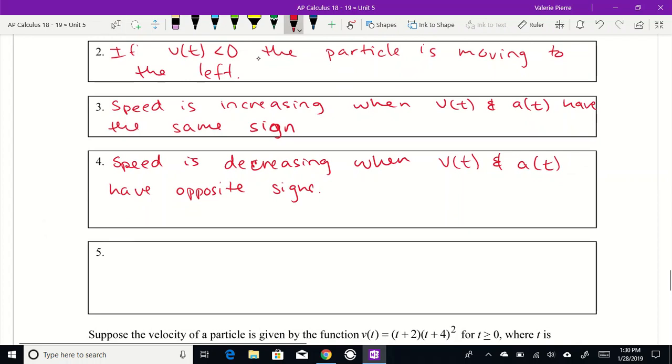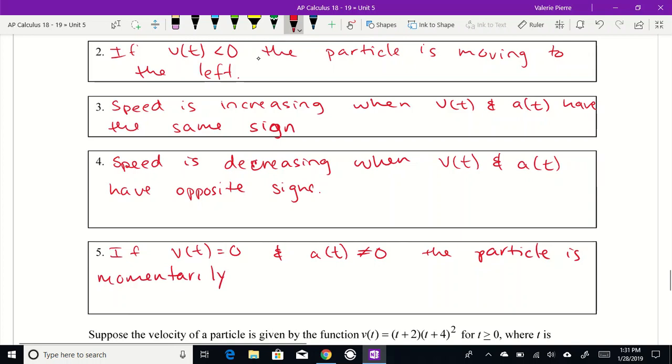And then last but not least, if v of t equals 0 and a of t does not equal 0, the particle is momentarily stopped and changing directions.